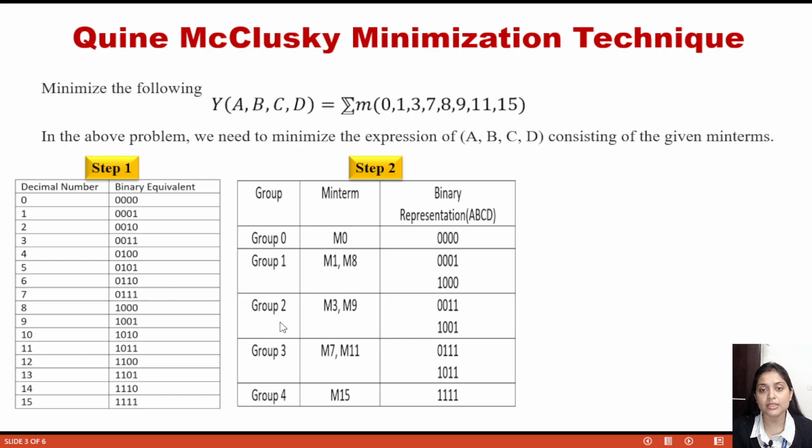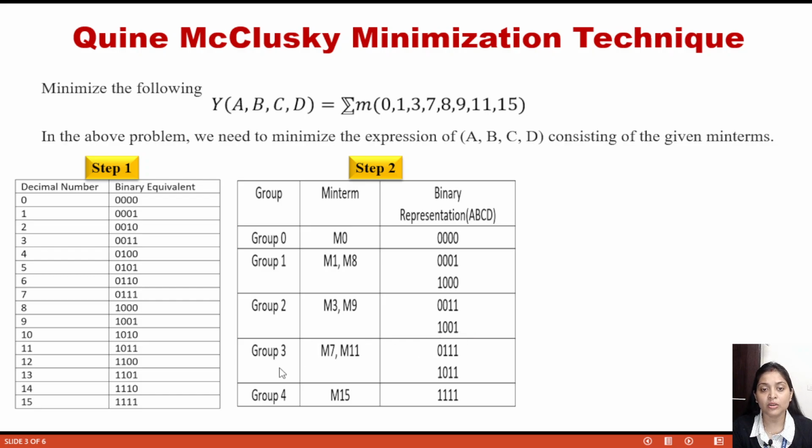Now we will concentrate on the numbers where 2 ones are there. Here we can see m3 and m9. Based on this problem, m3 and m9 have 2 ones: 0 0 1 1 is 3, and 1 0 0 1 is 9.